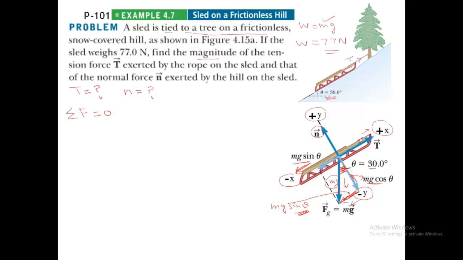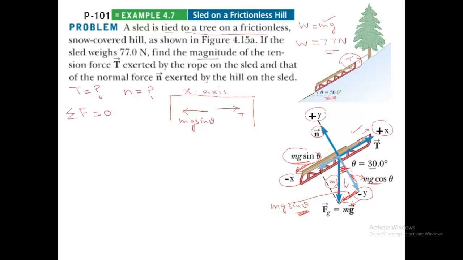Alright, now first of all you have to decide the forces along the x-axis. Along the positive x-axis, this is tension, the tension in the rope, and this side you have this force, mg sine theta.